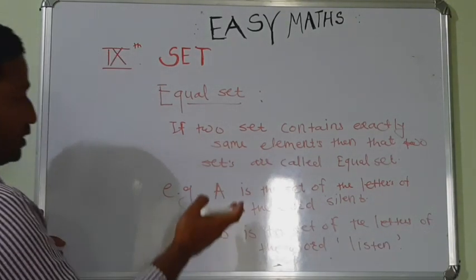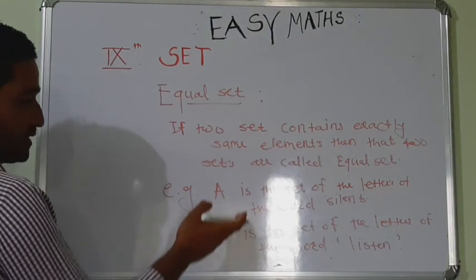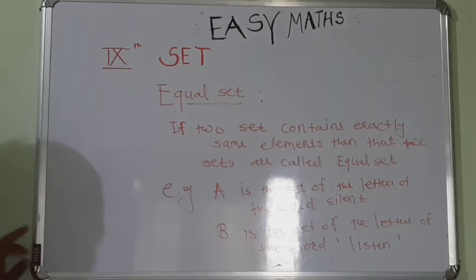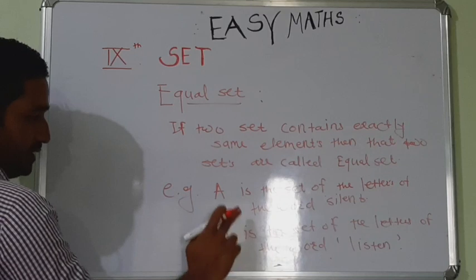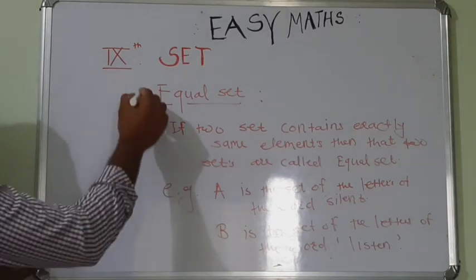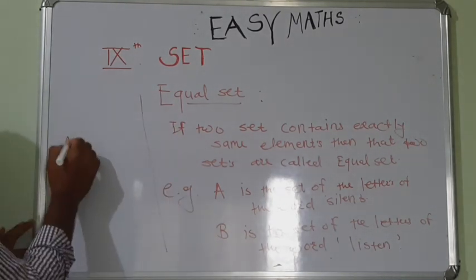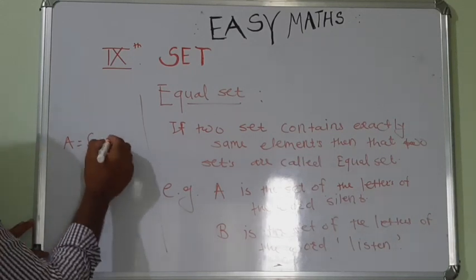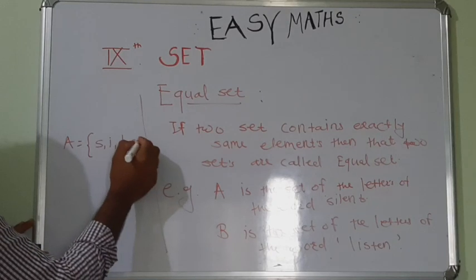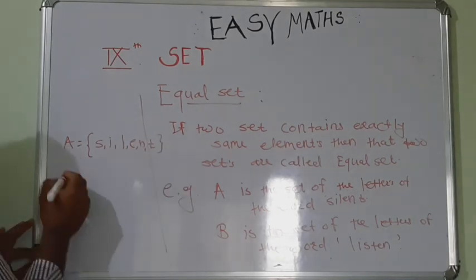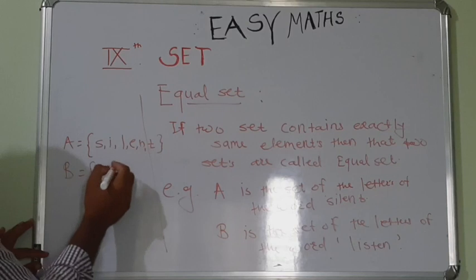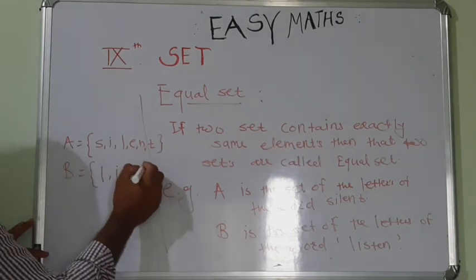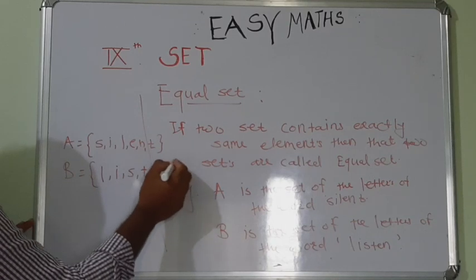Here these two sets are in rule method. We can write these two sets in listing method. Set A equal to {S, I, L, E, N, T}, and set B equal to {L, I, S, T, E, N}.